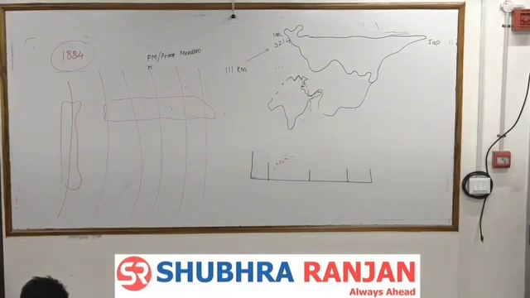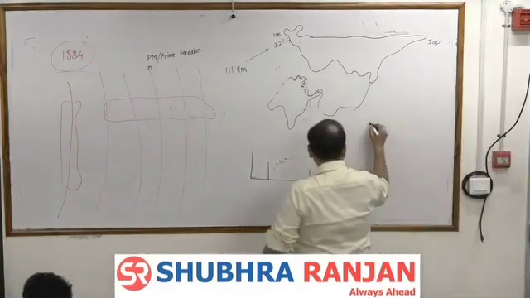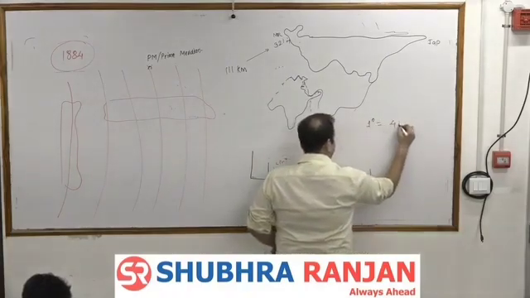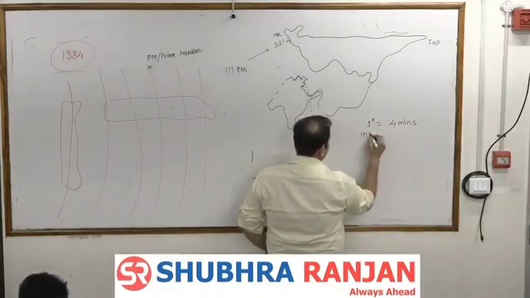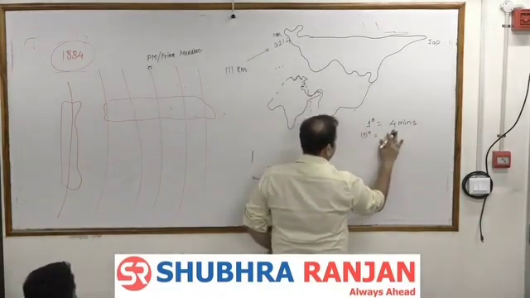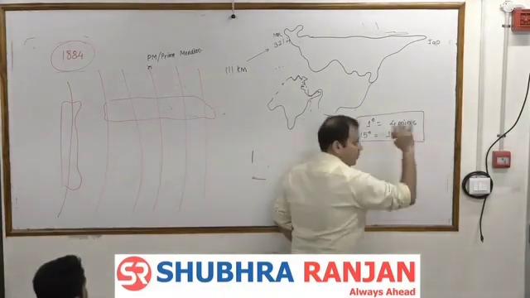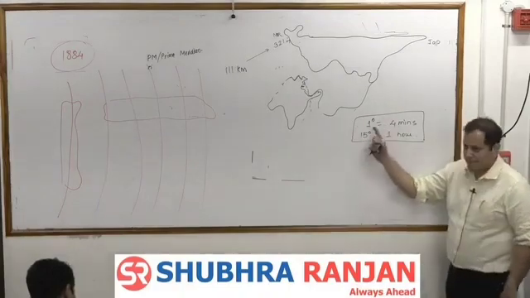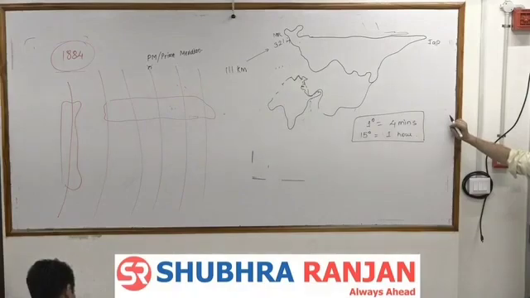It is used in such a way that the time difference between 1 degree of longitude equals 4 minutes, and 15 degrees of longitude equals 1 hour. You can write this equation straight away: 1 degree is equal to 4 minutes, and 15 degrees is equal to 1 hour.